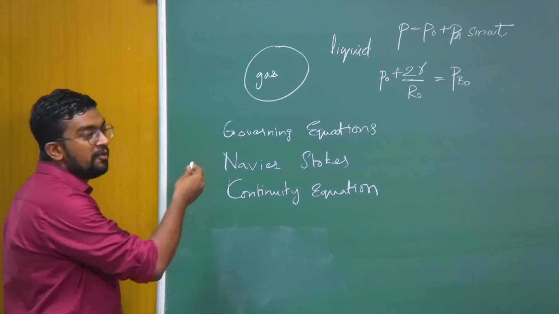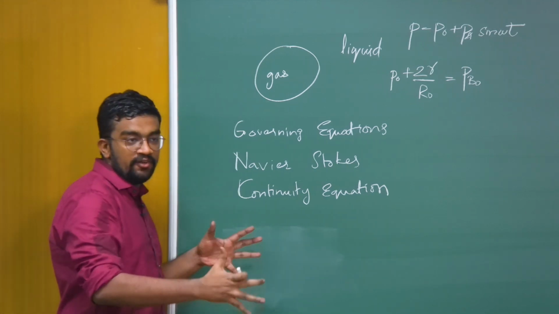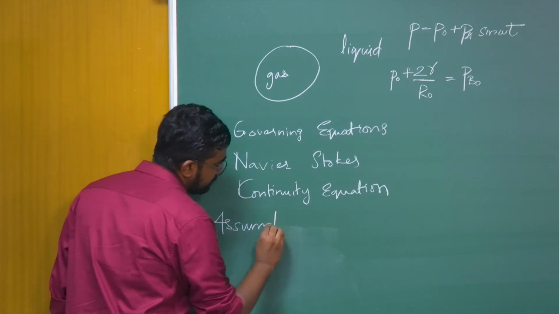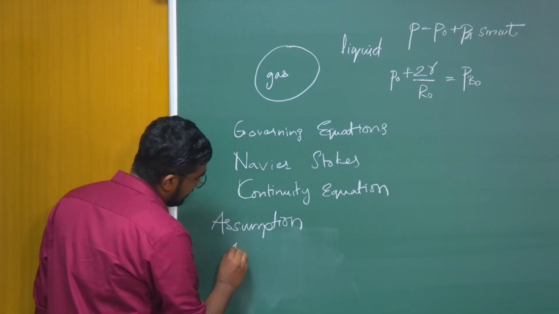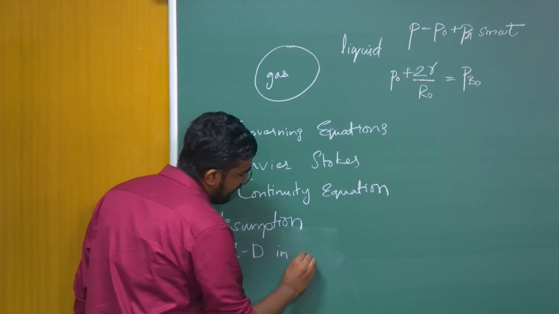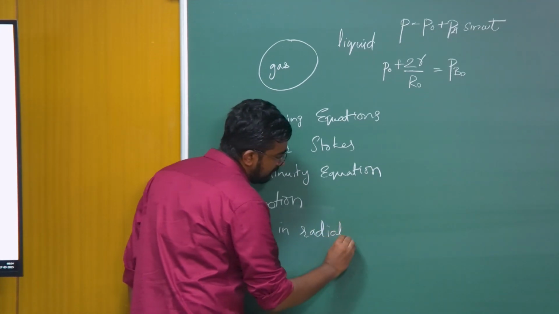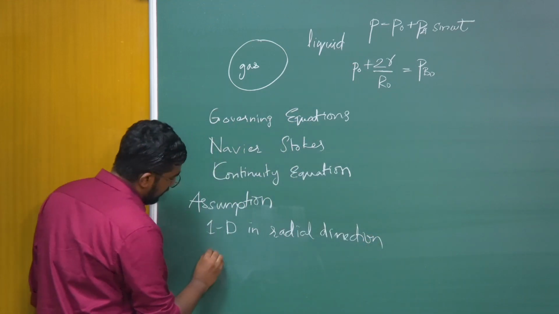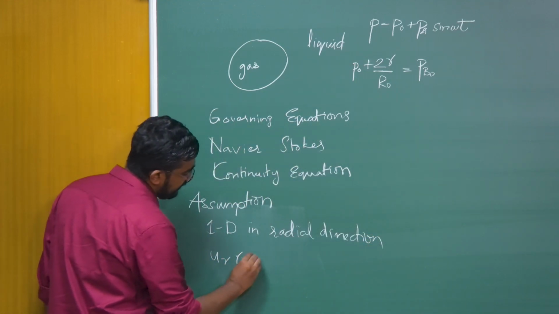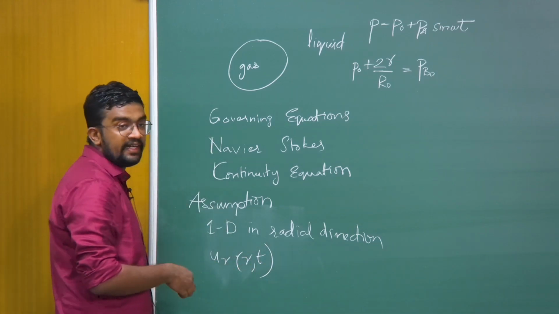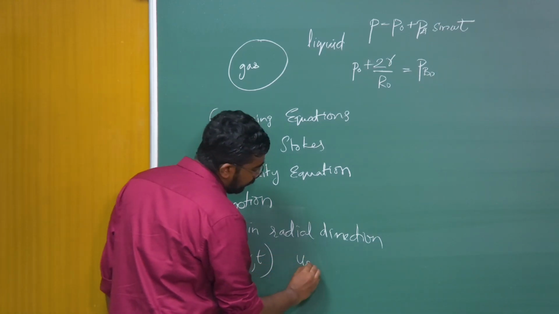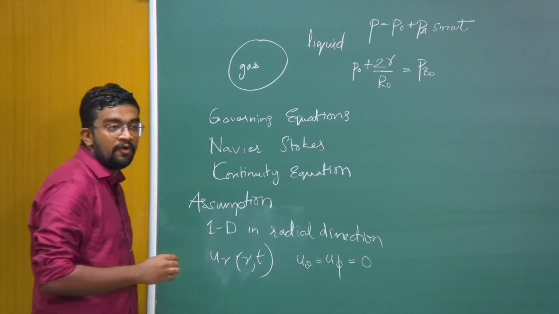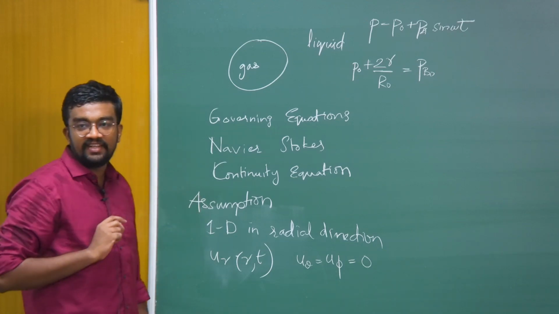We assumed that the bubble only undergoes radial oscillation, which means that the assumptions are unidirectional flow in the radial direction. So this means that UR is a function of the radial coordinate and time. U theta and U phi are 0. There is no velocity in the theta and phi directions. Also, there is no variation in the theta and phi directions.